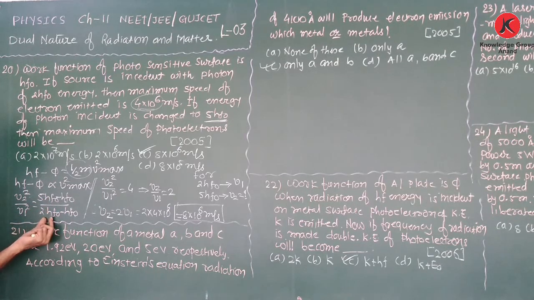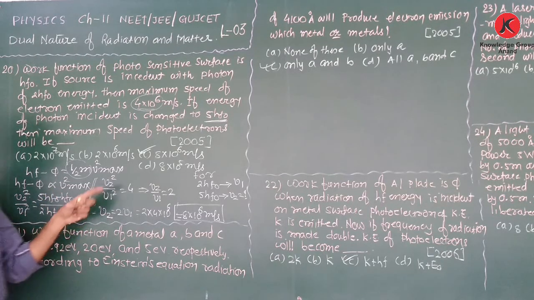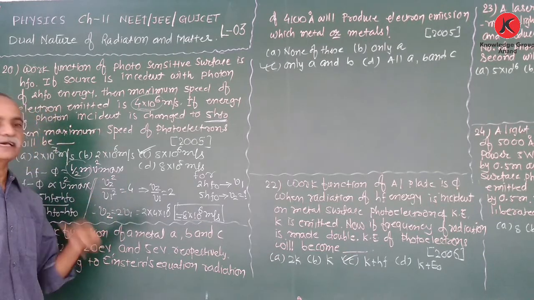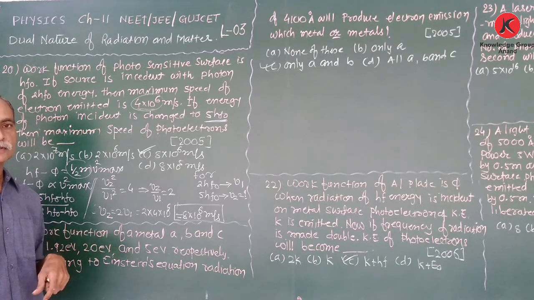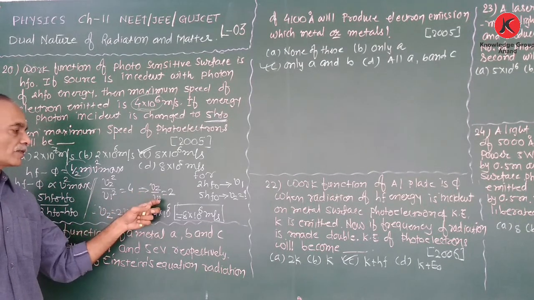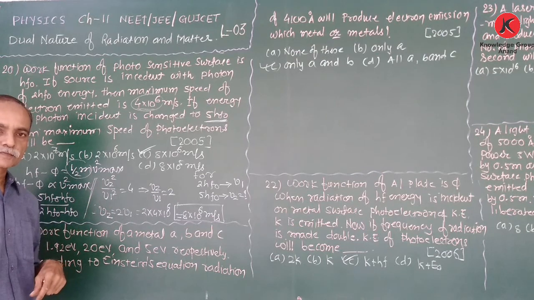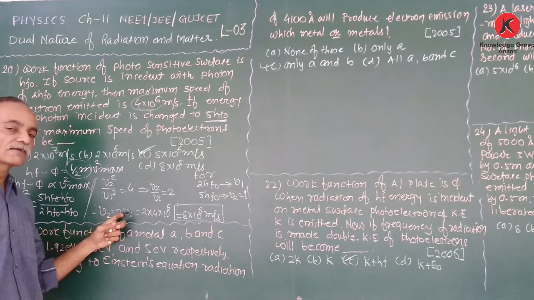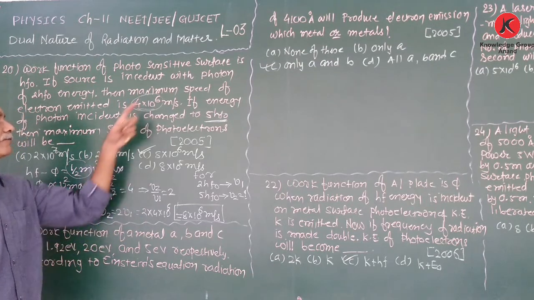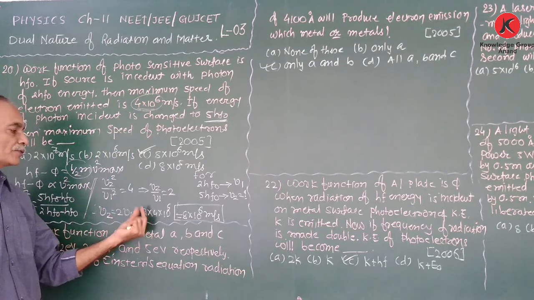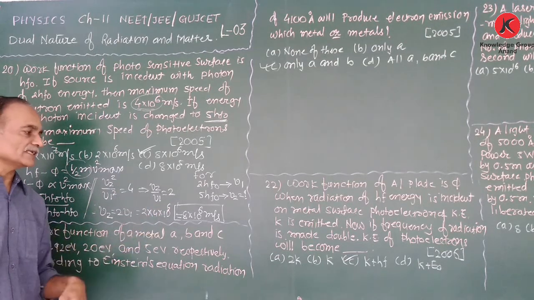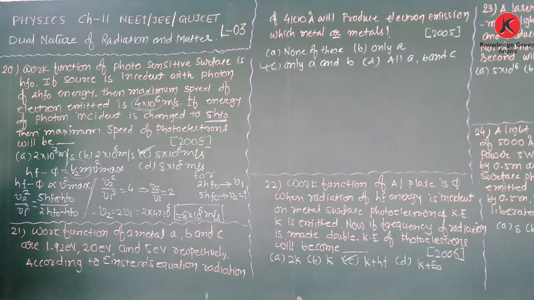Therefore, 4hf0 upon hf0, hf0 cancels, and we obtain v2 square upon v1 square is equal to 4. Now, taking the square root on both sides, v2 upon v1 is equal to 2. Therefore, v2 is equal to 2v1. Now listen, the value of v1 is already given as 4 × 10^6. Therefore, v2 is 8 × 10^6 meter per second.